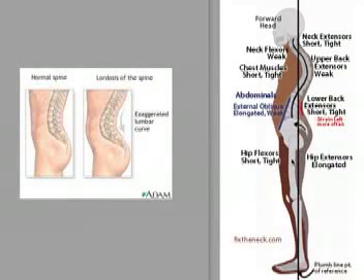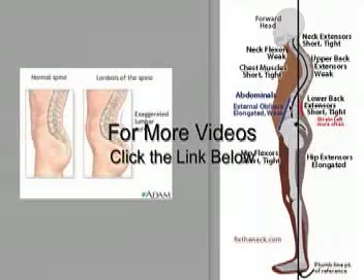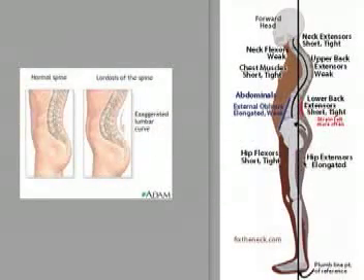Now what can happen if we get an exaggerated curvature of the spine, let's say lordosis? What your body wants to do is maintain the center of gravity to keep you upright. So it can exaggerate other areas of the spine to maintain center of gravity underneath the hips. This can work one of two ways.